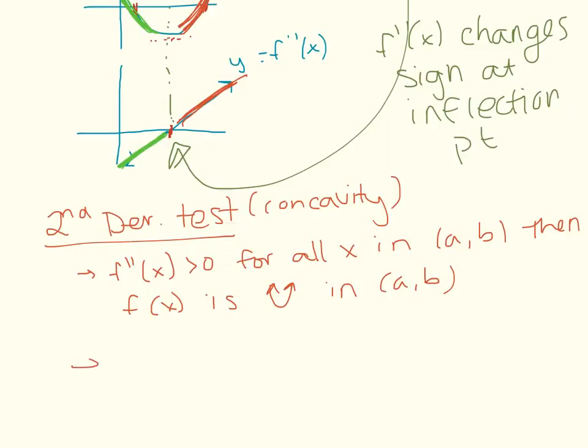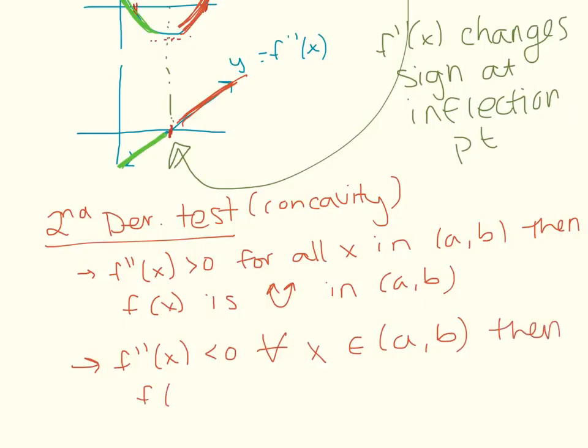Okay? And the opposite, we can say that if your second derivative, f double prime of x, is less than 0, for all x, this symbol right here means for all, okay? For all x contained in a comma b, this symbol means in.